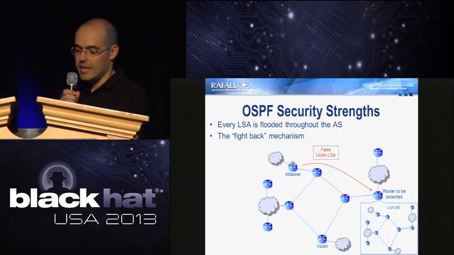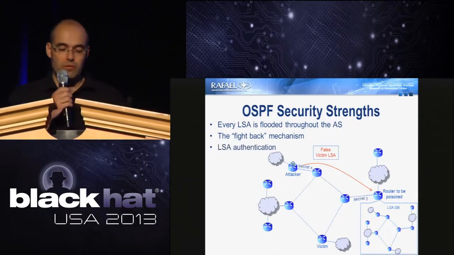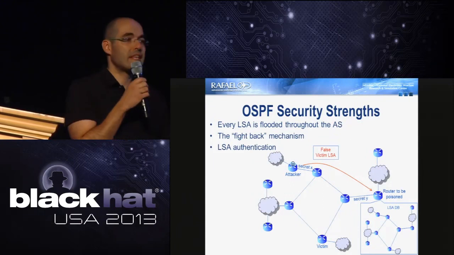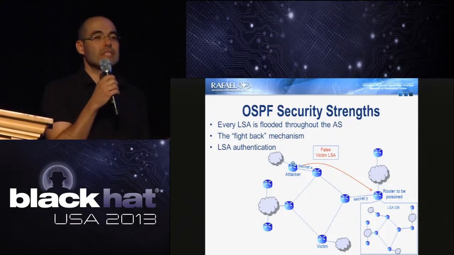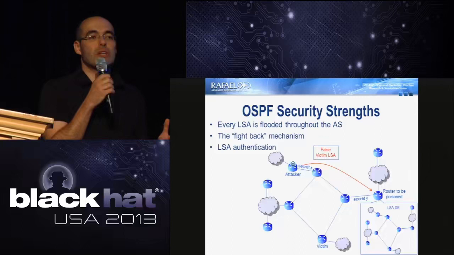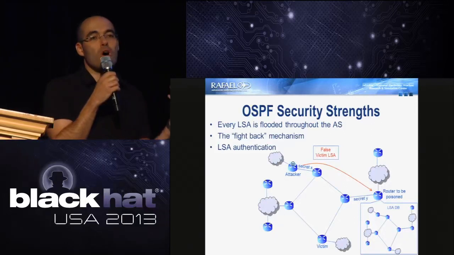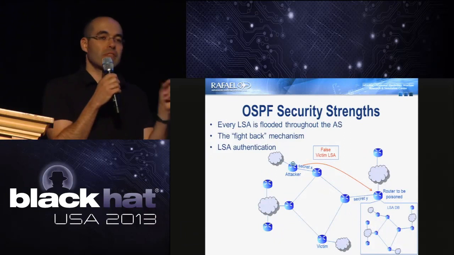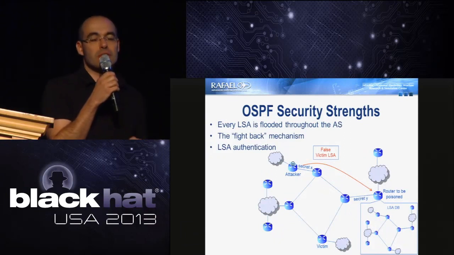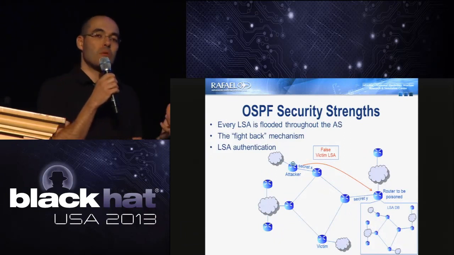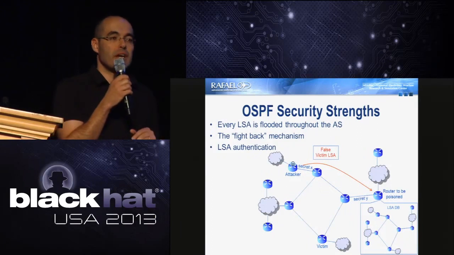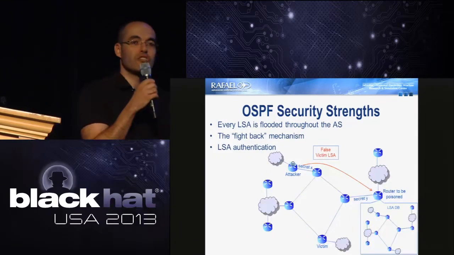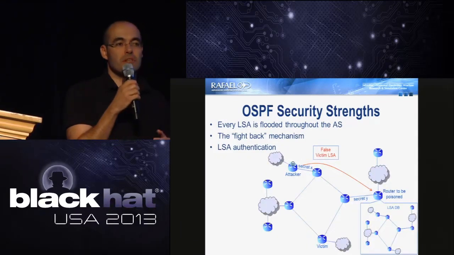Now here comes another security strength of OSPF, which is LSA authentication, which means that every link in the autonomous system is associated with a secret, which is shared among all the routers directly attached to this link. And these routers use this secret in order to authenticate the LSAs they exchange among themselves.